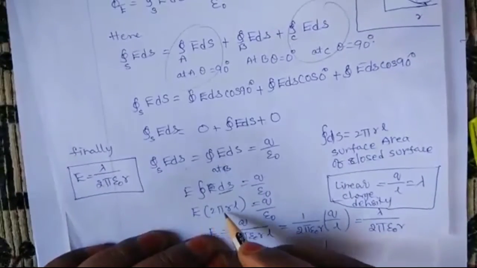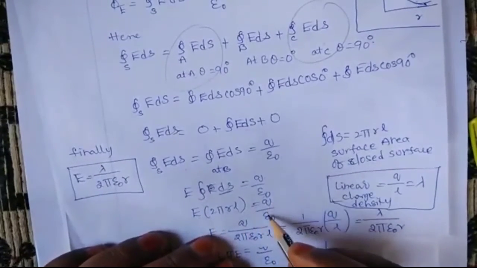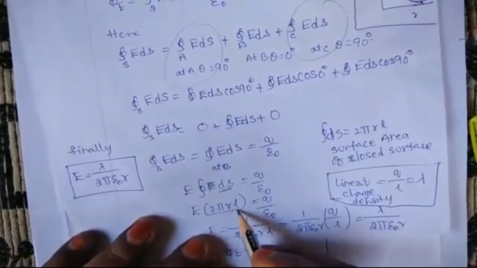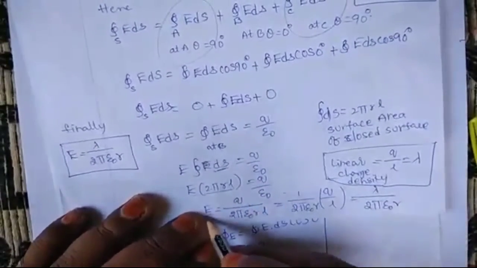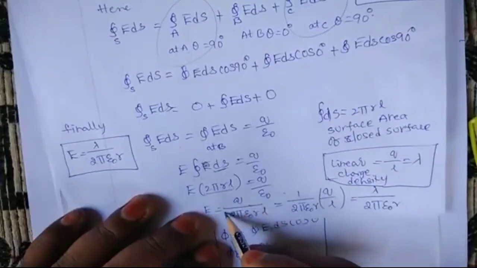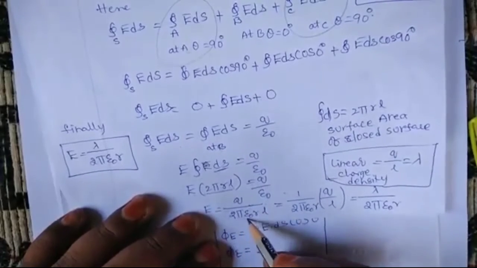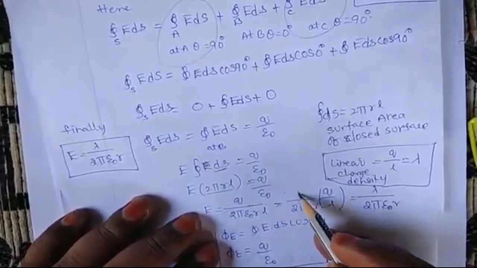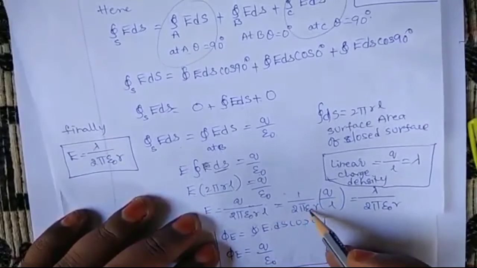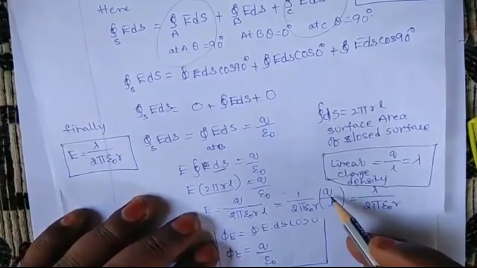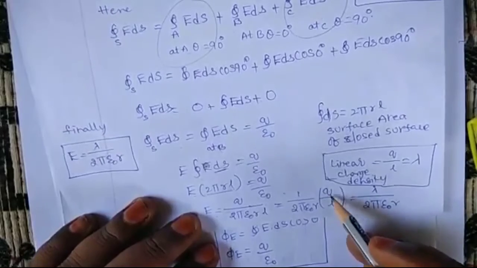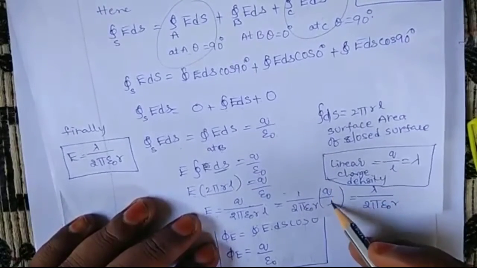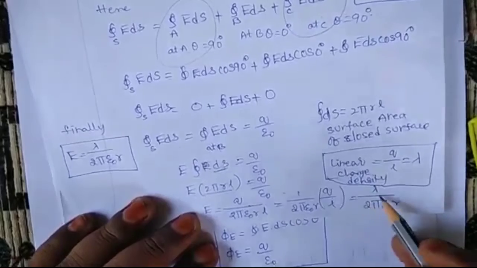E into 2 pi RL is equal to Q by epsilon naught. Sending this part to the right side, we get E is equal to Q by 2 pi epsilon naught R into L, which is equal to 1 divided by 2 pi epsilon naught R times Q by L. Q by L is the charge per unit length, the linear charge density, denoted lambda.